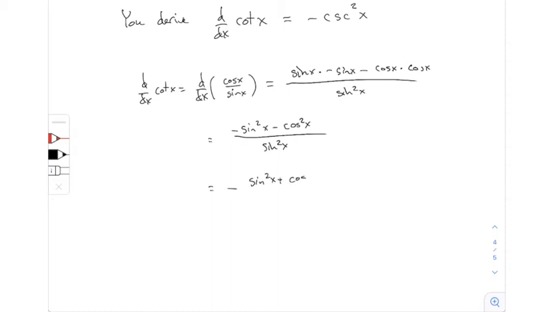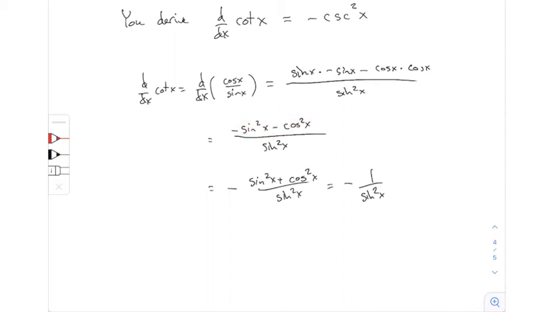This is equivalent to what he was going to say. If I factor a minus sign out of the entire numerator, since they were both negative, it makes them both positive. And now those two things will add up to 1 in the top, just like before. So -1 over sine squared of x. However you want to say it, this numerator is equal to -1.